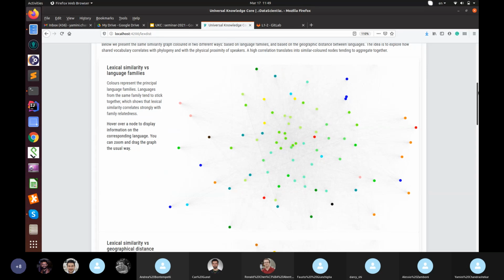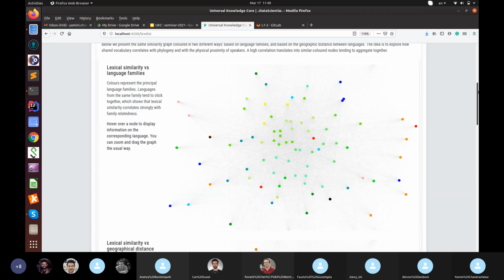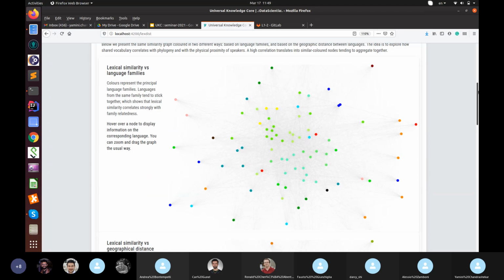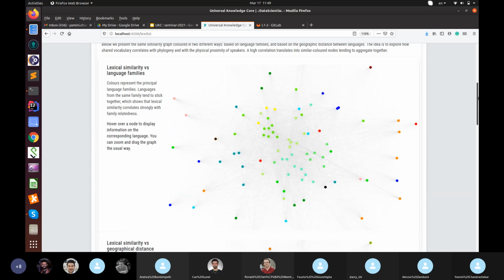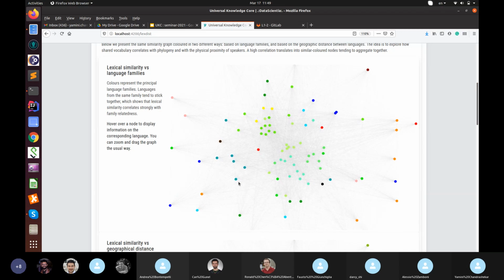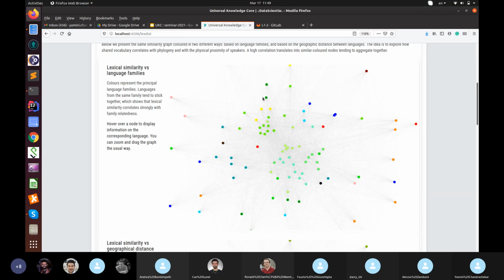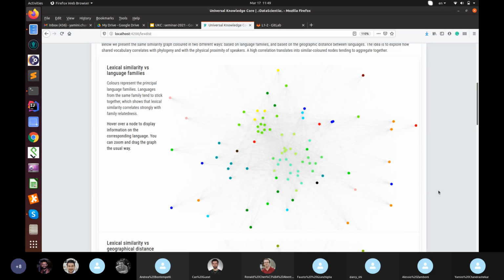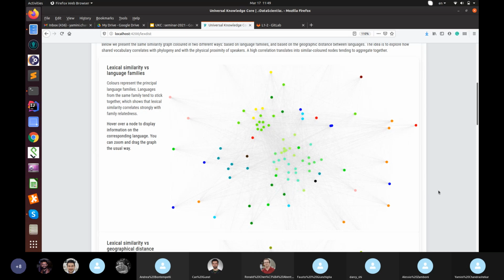Here, the first thing we see is the similarity between two languages which belong to the same language family. The graph that we look at contains the nodes and the edges. The nodes represent a language, and the same colored nodes belong to the same family. And the distance between each pair of nodes represents how similar or different they are.